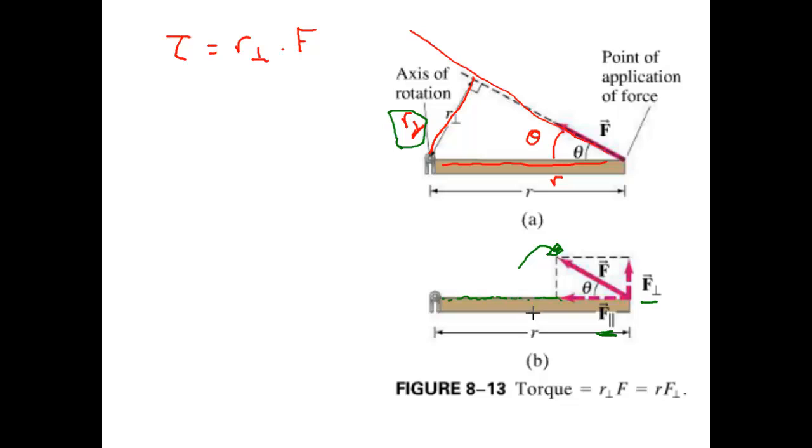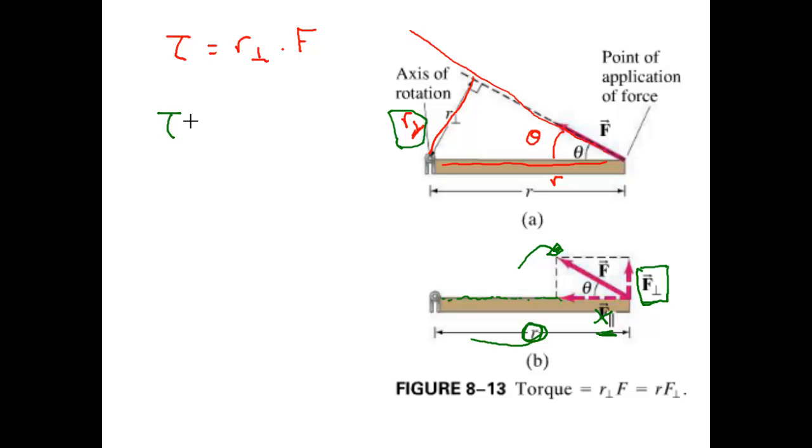It's going to go directly through the door hinge. The parallel force is not going to apply a torque to the door. This perpendicular force is going to apply a torque to the door, and the lever arm is always going to be the radius, or the distance right here.